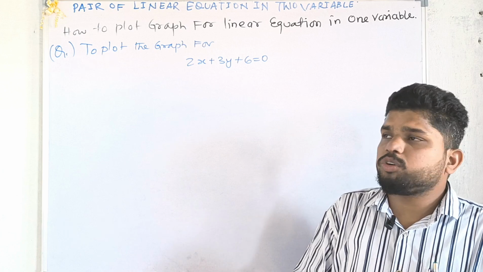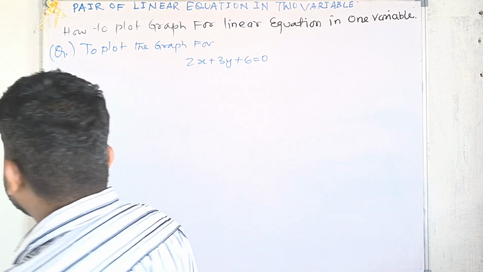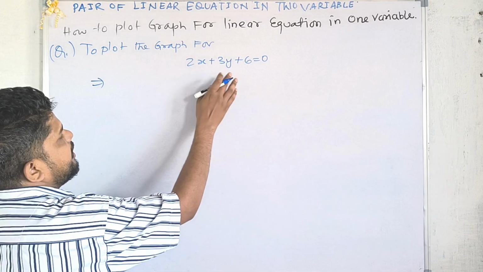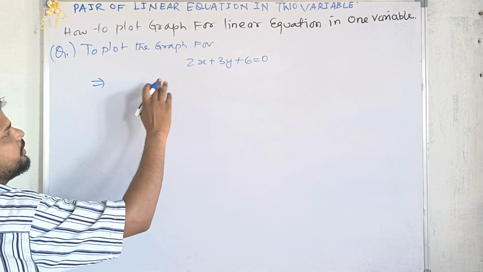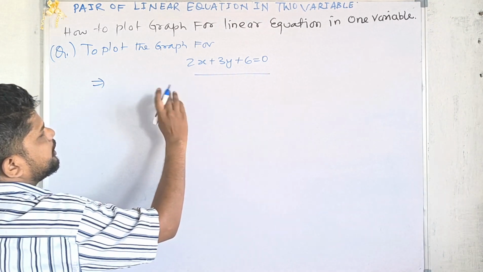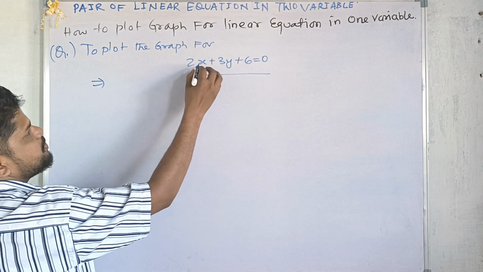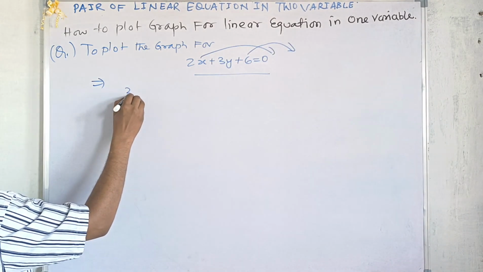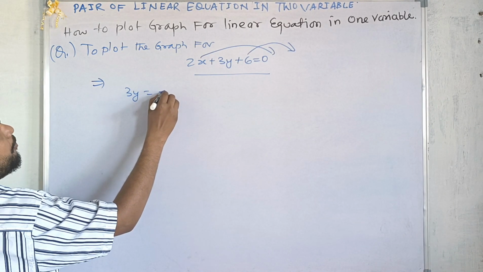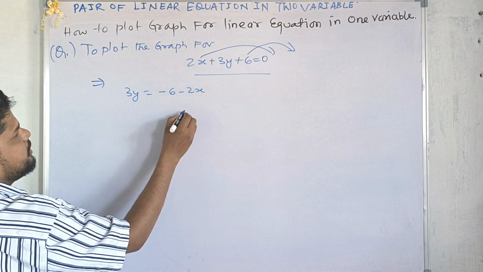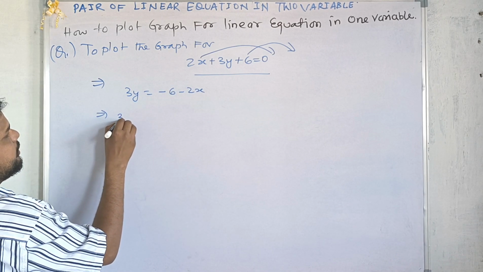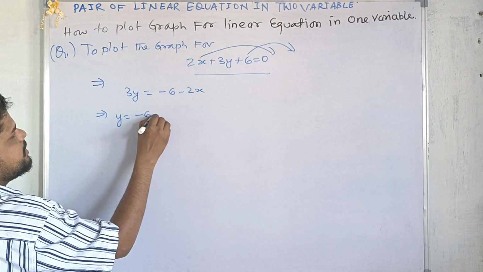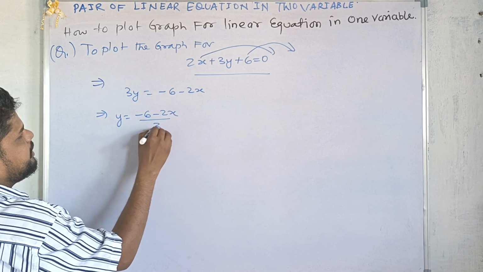So let's just go for this question. So here, out of this x and y, let us just change the given equation in terms of y. So when we transpose these terms to RHS, what we will get? 3y will be equal to -6 - 2x. So y is equal to (-6 - 2x) divided by 3.